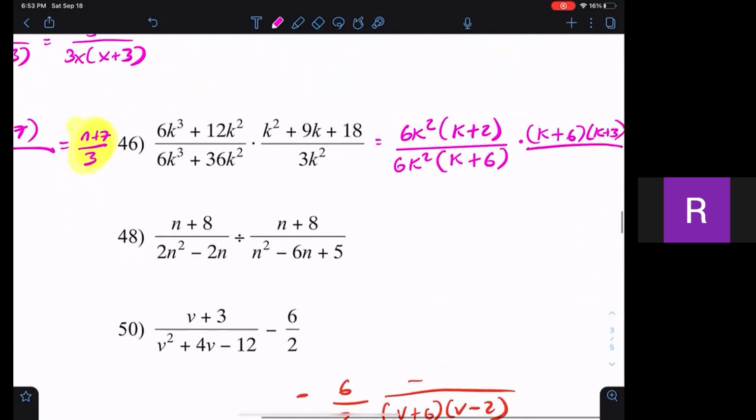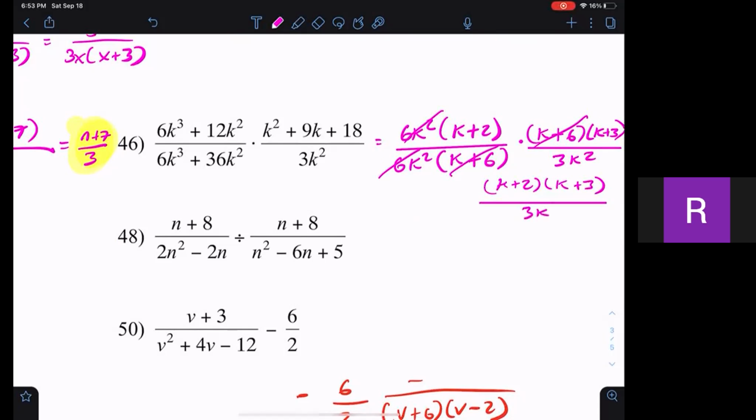And then we have in the denominator 3k squared. So these cancel. So we have k plus 2, k plus 3, over 3k squared. That's the answer. Okay.